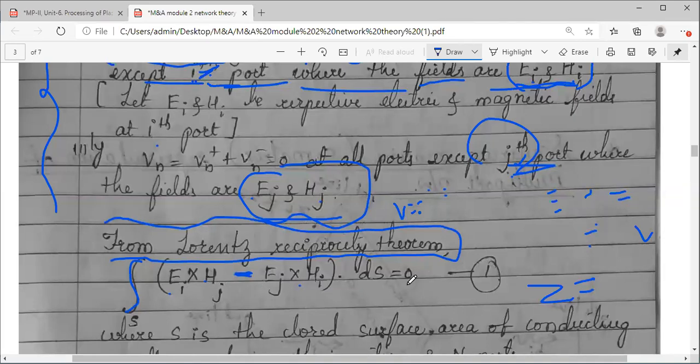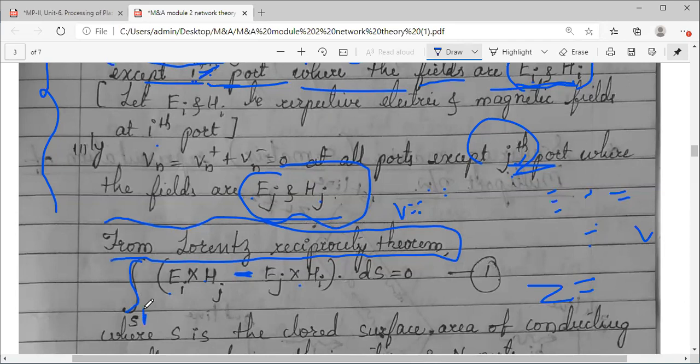I can make use of this theorem in my concept, because I am considering two ports, I and J. Let me see if I can relate this and go towards the Poynting theorem or not.